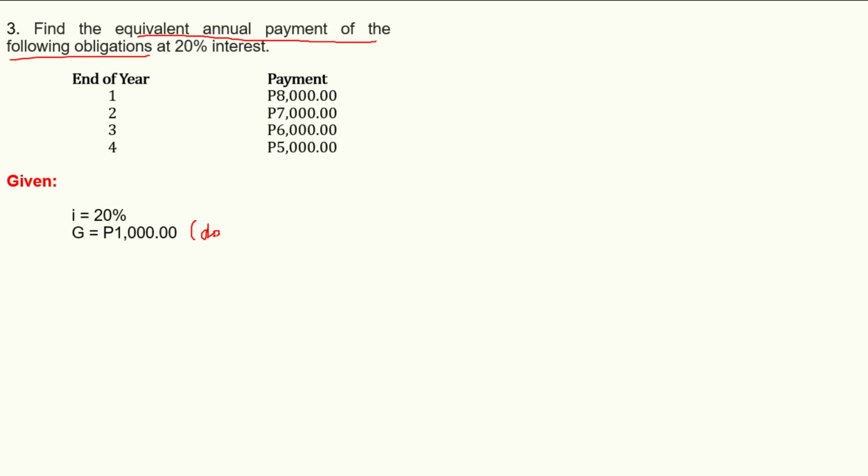Yeah, decreasing. Okay? Siyempre, yung N natin 4 kasi 4 lang naman ang ating period and A natin ay 8,000. Yung A mo ay lagi magsisimula sa period 1. So, required natin ay, kagaya nung kanina, A prime, para maging equal annual payment sila.